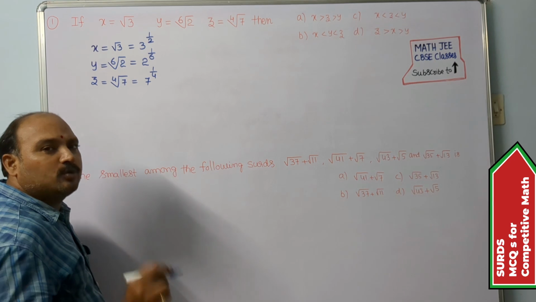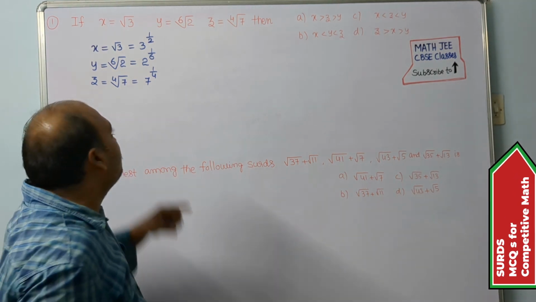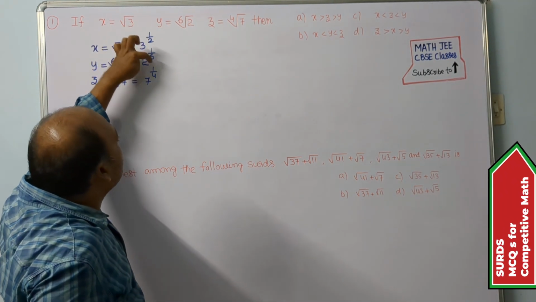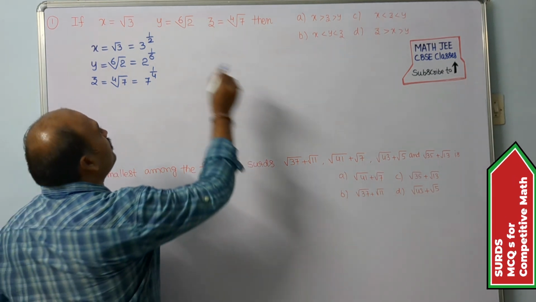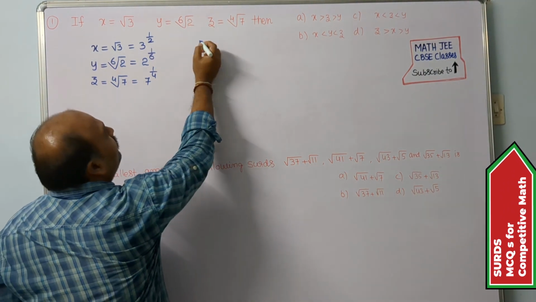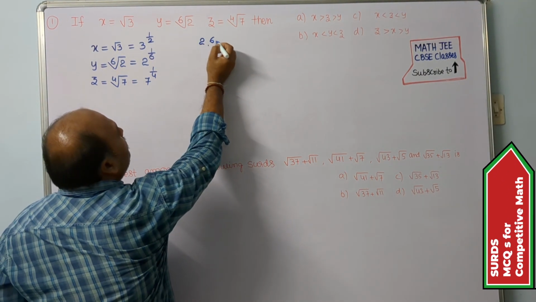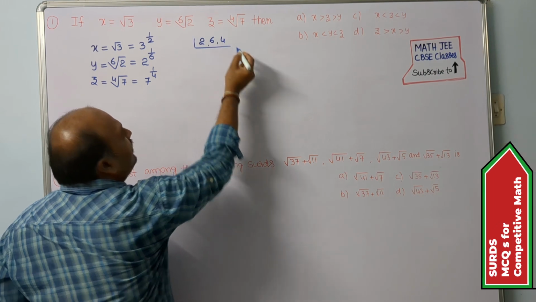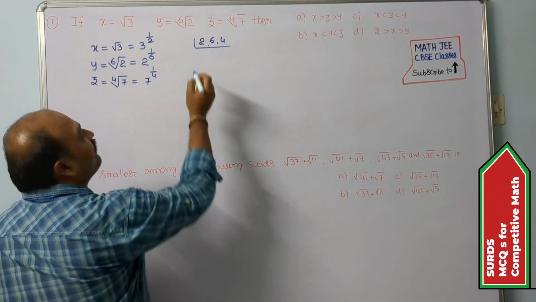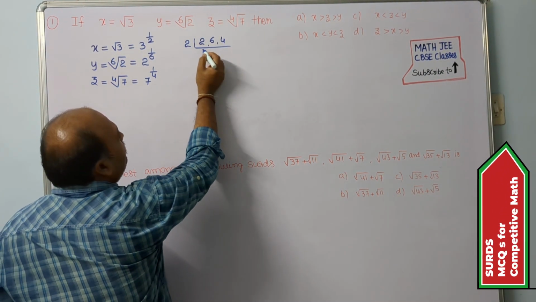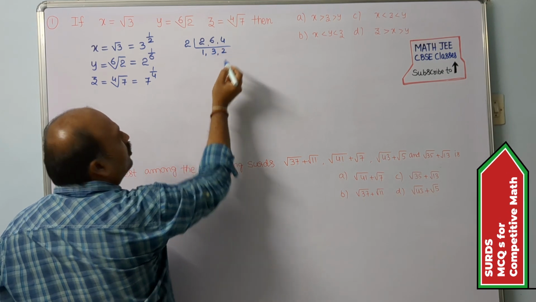First we have to take the LCM of the orders of the respective surds.